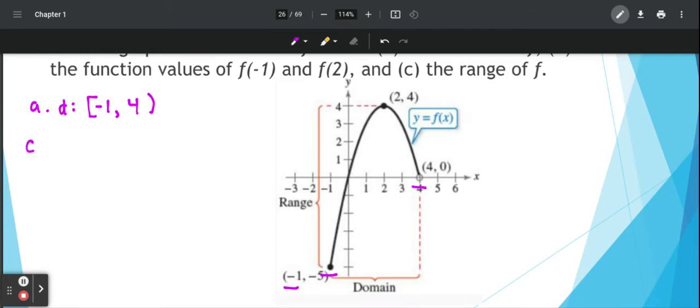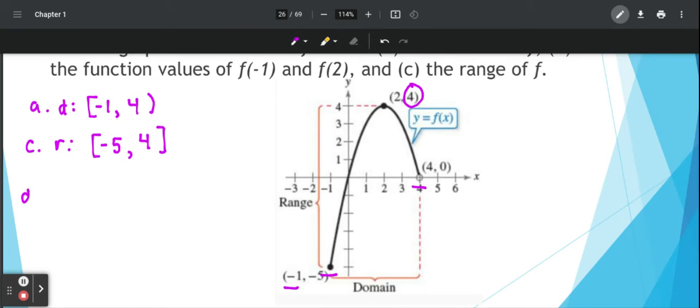If we skip to part C for our range, we're looking for our lowest y-coordinate, which in this case is -5. And our highest y-coordinate is actually up here at the top, and that's 4, and it includes that point. So we would say our range goes from -5 to 4.